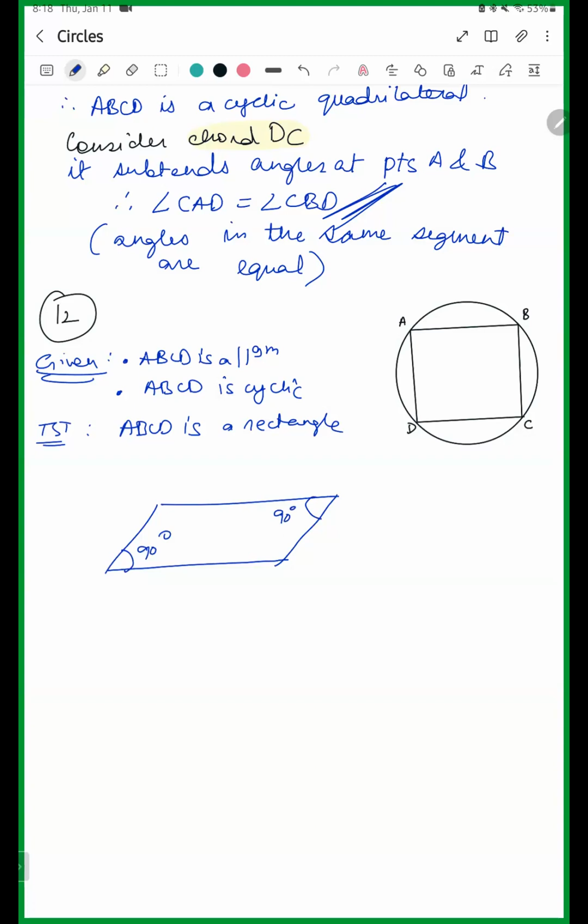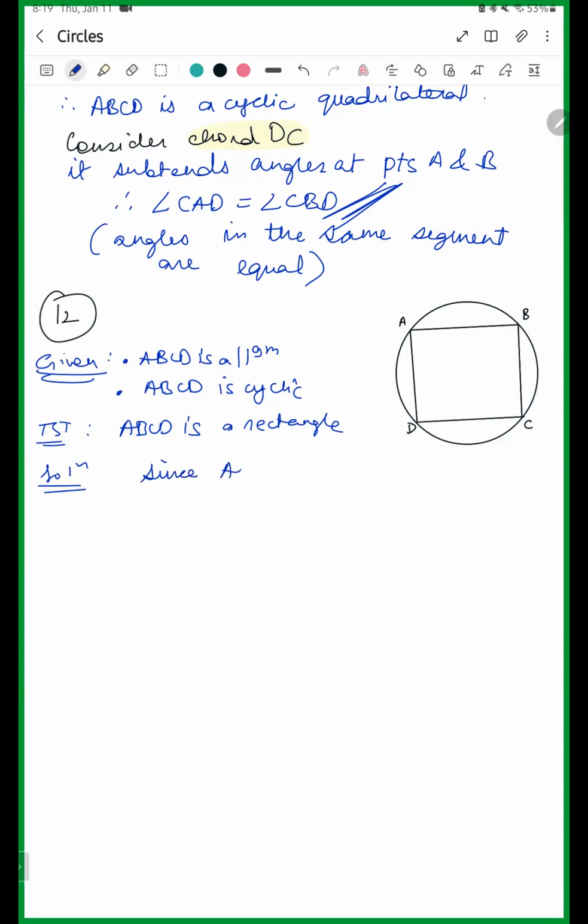And we know that in a parallelogram, adjacent angles are supplementary. That means this angle plus this angle should sum up to 180 degrees. And what is the supplement of 90? That is also 90. And so if this is 90, this also has to be 90 because opposite angles in a parallelogram are equal. So if you have a parallelogram and just one angle is equal to 90, that means the entire parallelogram becomes a rectangle. Okay. So now you will write the solution.